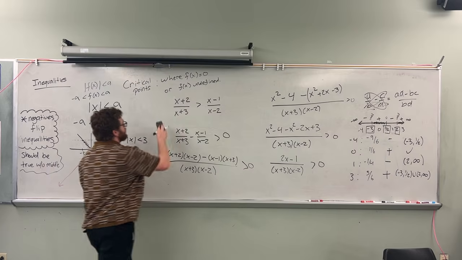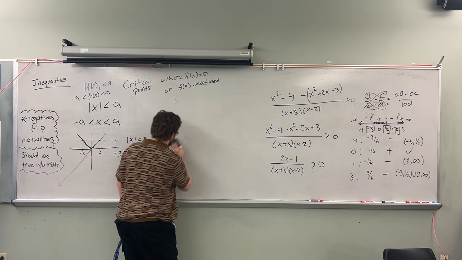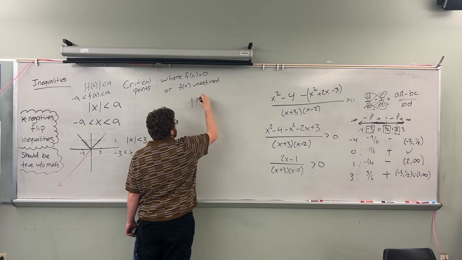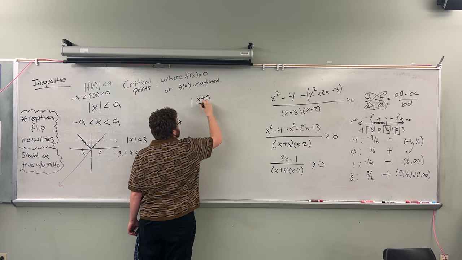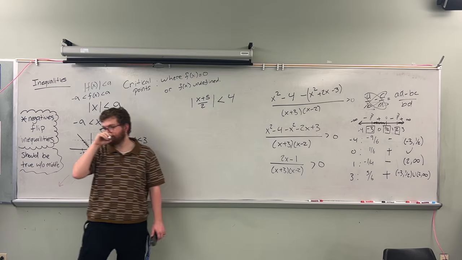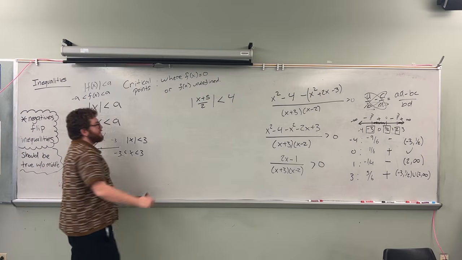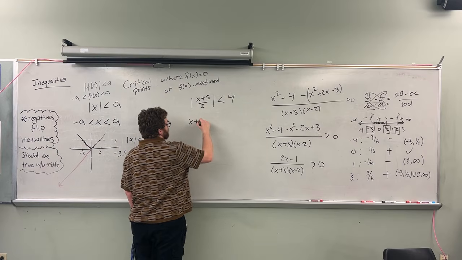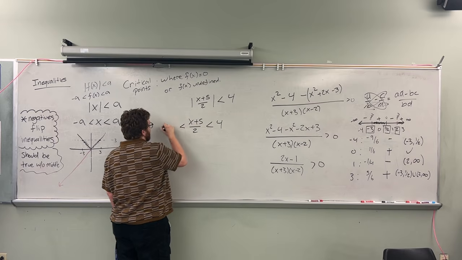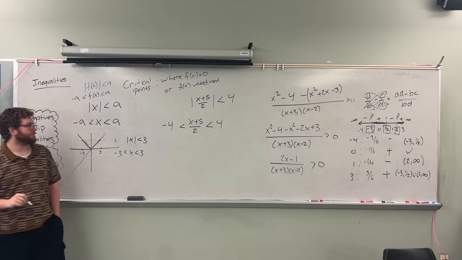So for instance, if I had something like that, this is the same thing as saying x plus 5 over 2 is bounded between 4 and negative 4. And then I can solve it like normal.